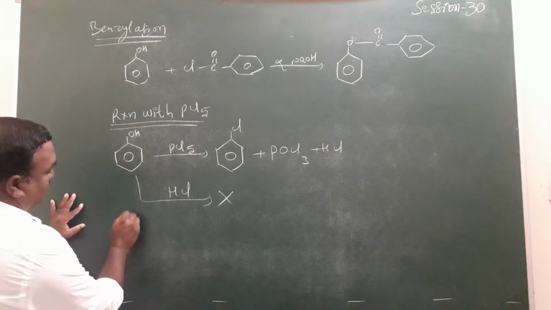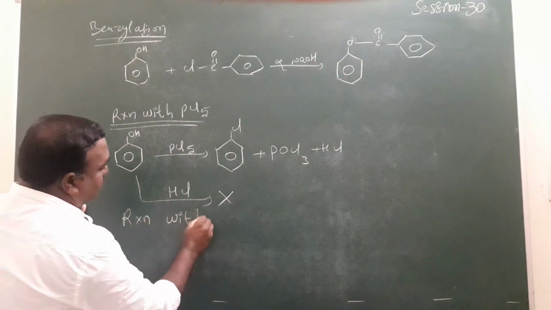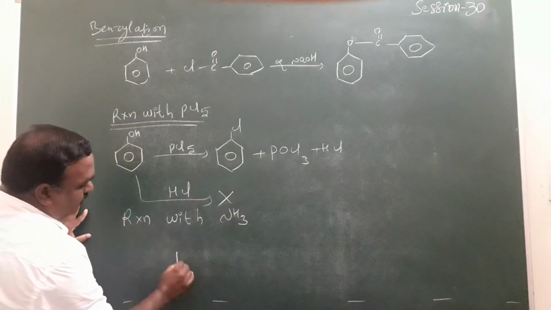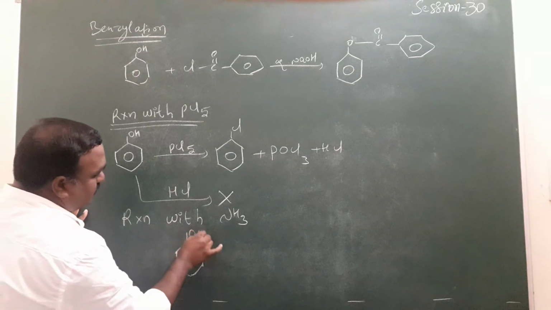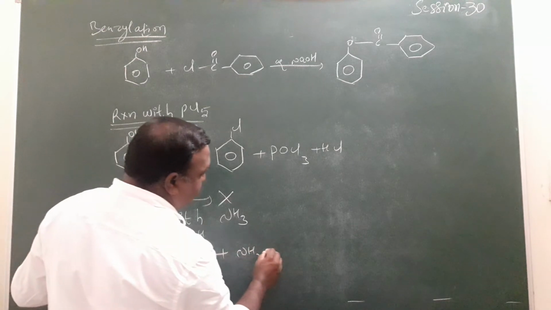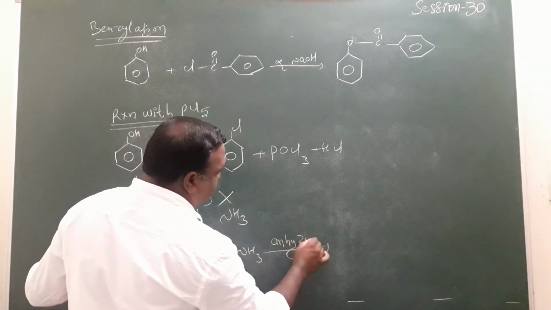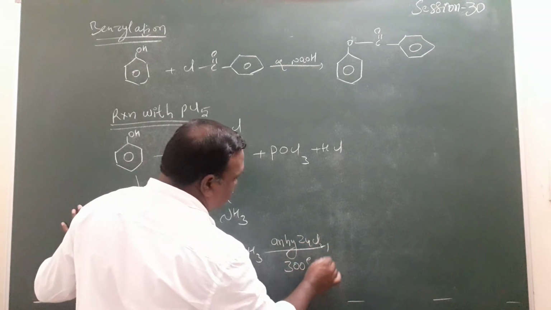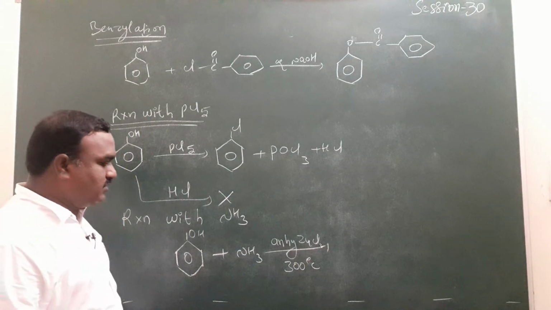Next, reaction with ammonia. Here the chlorobenzene compound reacts with ammonia in the presence of anhydrous ZnCl2, at 300 degrees centigrade or 573 Kelvin.